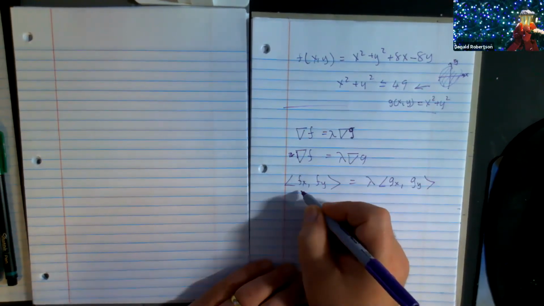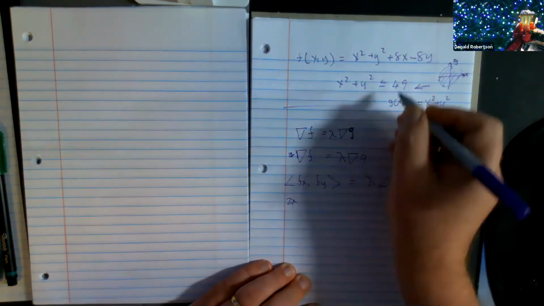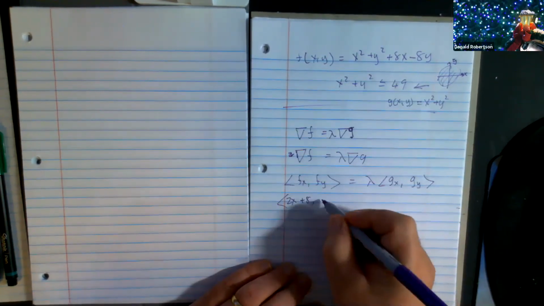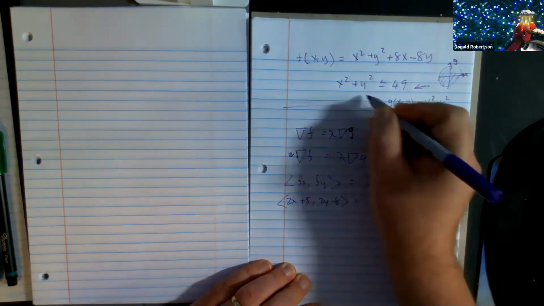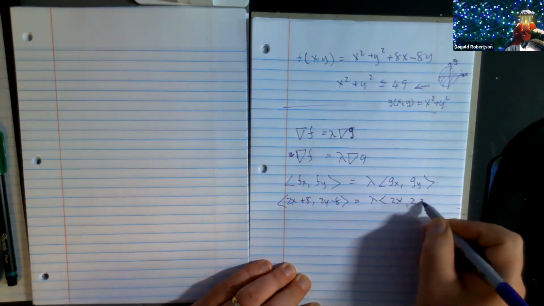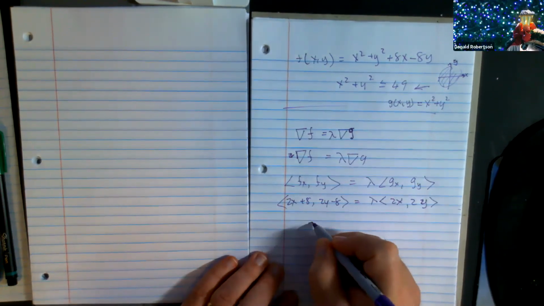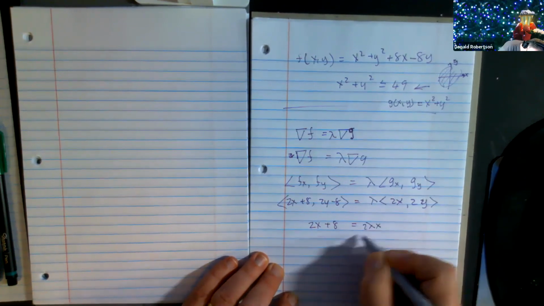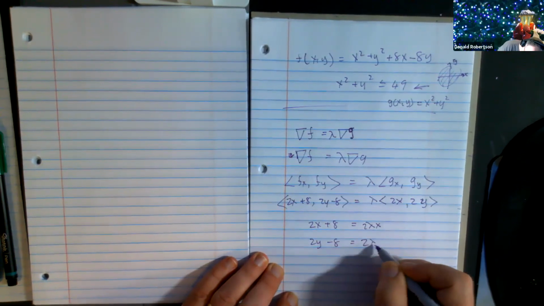This fella here is 2x plus 8. This fella here is 2y take away 8. This guy here is 2x. This guy here is 2y. And then match first with first. So 2x add 8 is 2 lambda x. 2y take away 8 is 2 lambda y.